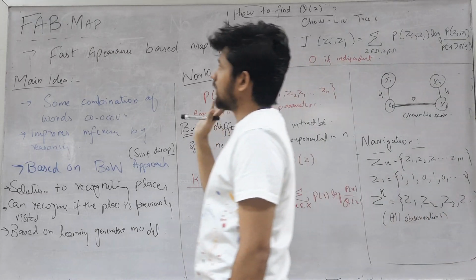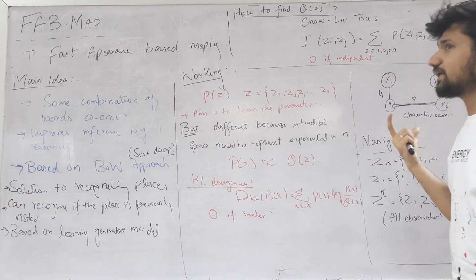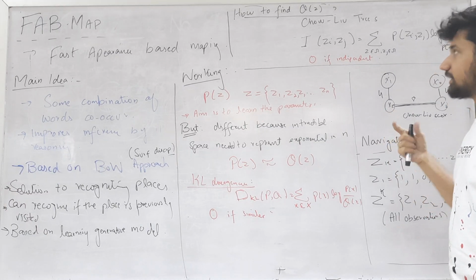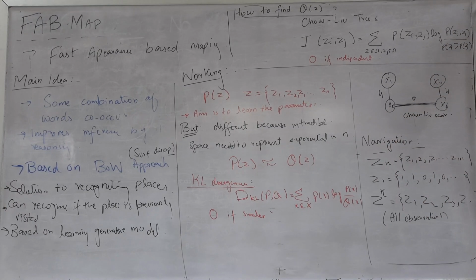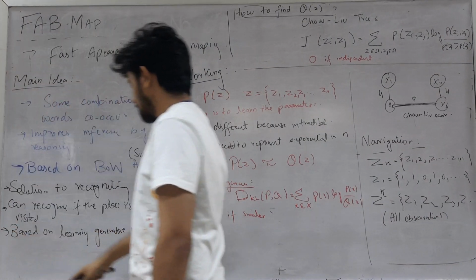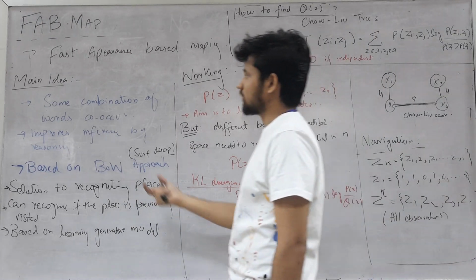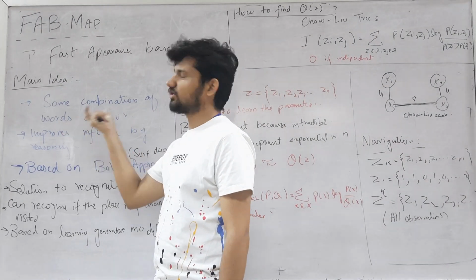And if somehow we can make the model intelligent enough to understand that if a corner is present here, then it is obvious that a similar corner will be present here, here, and here as well. This feature is called some combination of words co-occur.